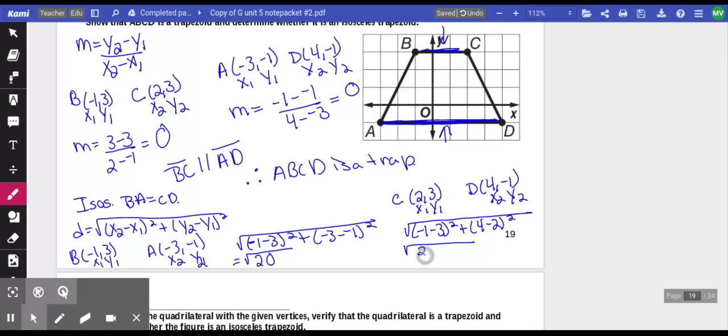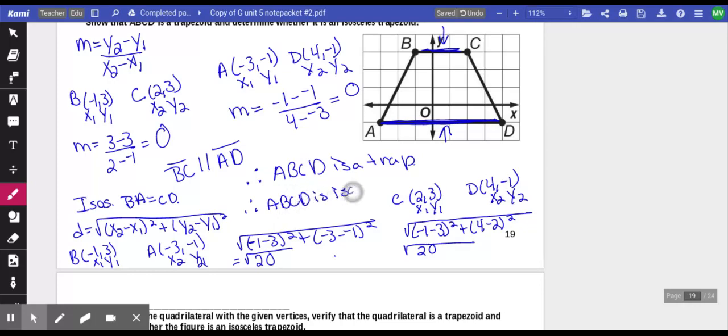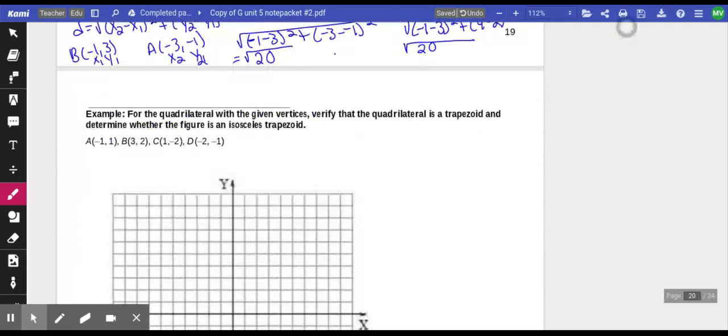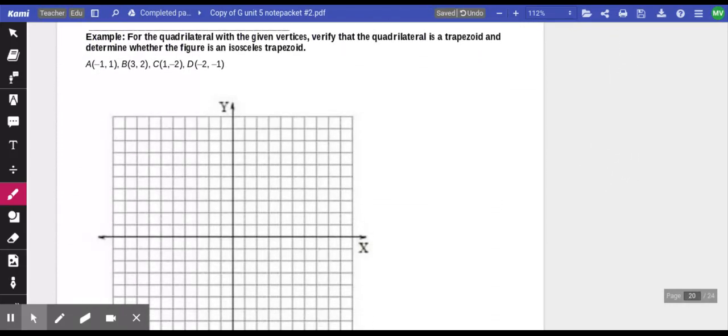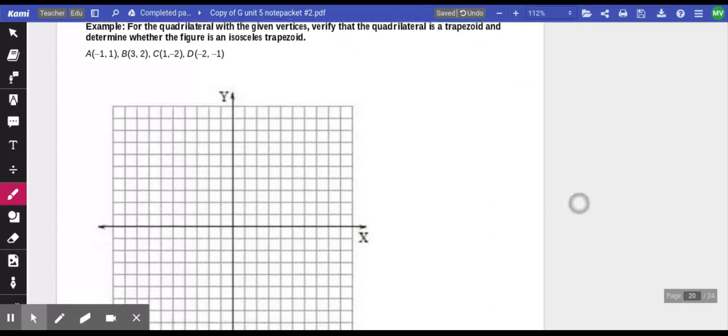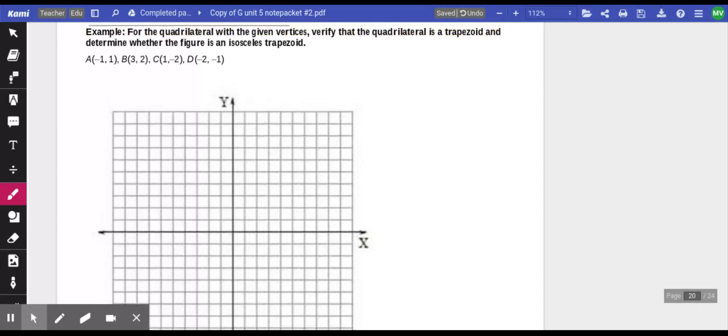So that's also the square root of 20. So since BA equals CD, ABCD is an isosceles trapezoid. So I want you to pause and try this example and then come back and check it.